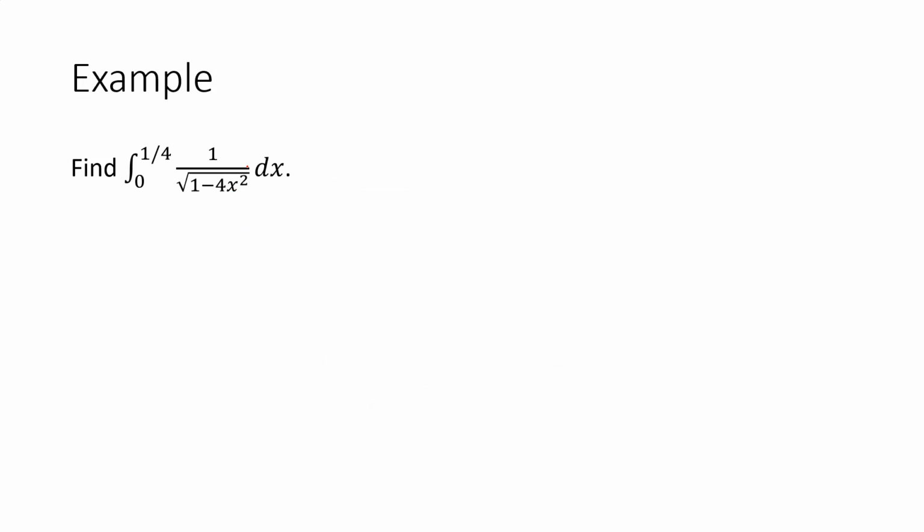Now let's try an integral of the form 1 over the square root of 1 minus 4x squared. Well, with a little bit of algebraic manipulation here, for instance, I could rewrite this a tiny bit into a form that might make it easier to set up for integration.